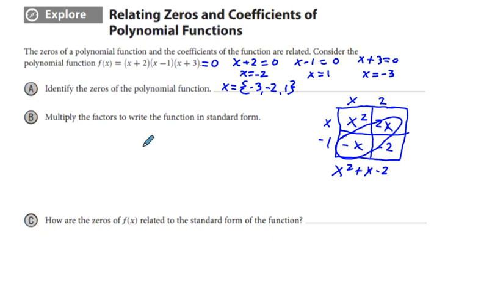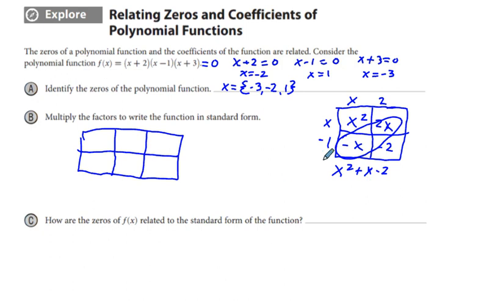Let's multiply the third factor in there. I'm going to make our box a little bigger, a 3 by 2. I'm going to write this quadratic trinomial we determined: x squared plus x minus 2, and multiply by our remaining factor, x plus 3.